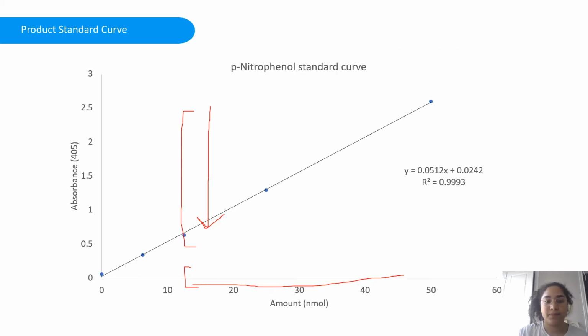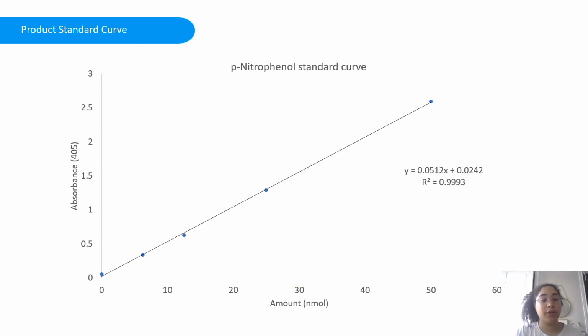Okay. So here is the p-nitrophenol standard curve, the product standard curve. We can use this equation to find the amount of product being made from the time course intervals. The y would act as the absorbance value and the x is the amount being made.